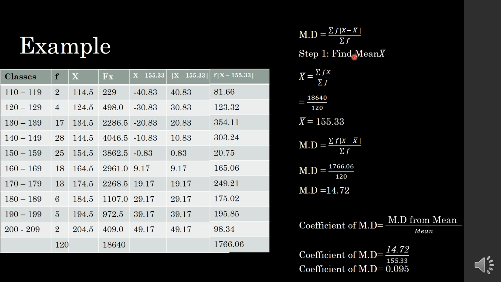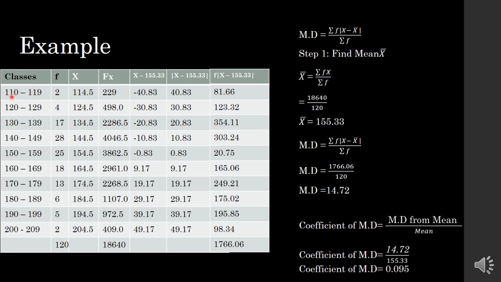Here also we have to find the mean, which is x bar, first of all. So I write the formula of mean here, and because we are finding the mean first, we need the values related to the mean. So here I have to find the f multiplied by x column. In this data we don't have an x variable, so to find the x variable, we find the midpoints of the classes.